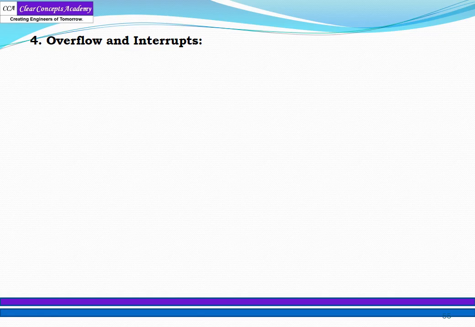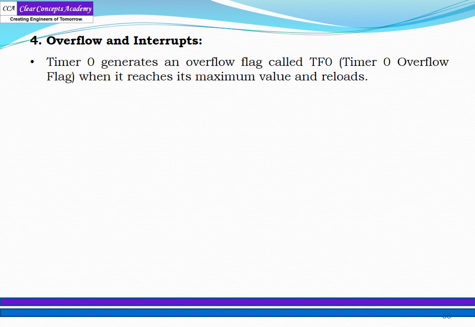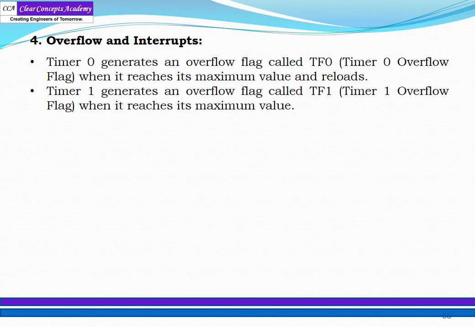Overflow and interrupts. Now what are the overflow and interrupts in the case of timer mode 3? Timer 0 generates an overflow flag called TF0, the timer 0 overflow flag, when it reaches its maximum value and reloads. Timer 1 generates the overflow flag called TF1, not TF0, when it overflows.